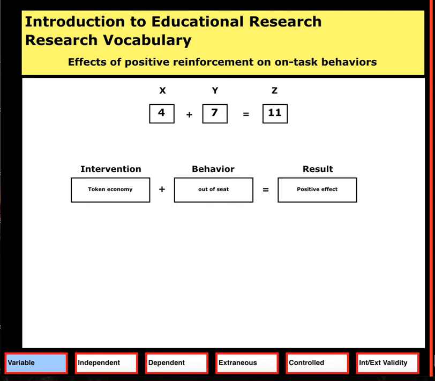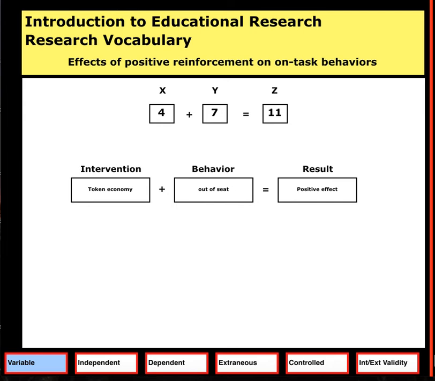At its most basic level, experimental research involves the systematic manipulation or application of one variable on a second variable and then observing the effects, if any, that the first variable had on the second variable. On your screen, you now see three different variables: one labeled intervention, one labeled behavior, and the third labeled result.